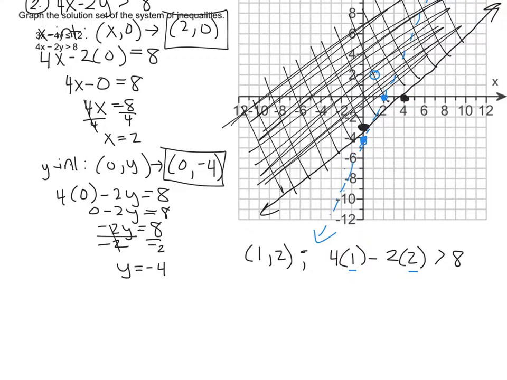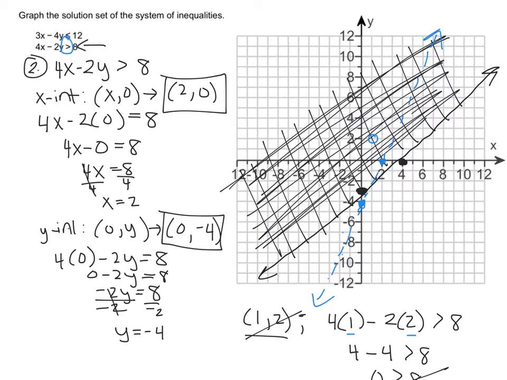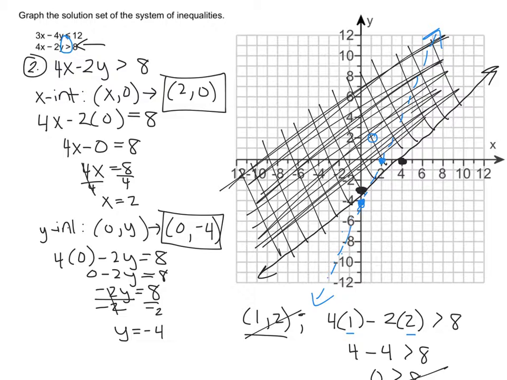And we'll solve, so we get 4 minus 4 is greater than 8, and then we have 0 is greater than 8. That is not a true statement, so that means the point 1, 2 is not going to be included in my shading. So that means that I'll shade on the other side of the line, which is over here.